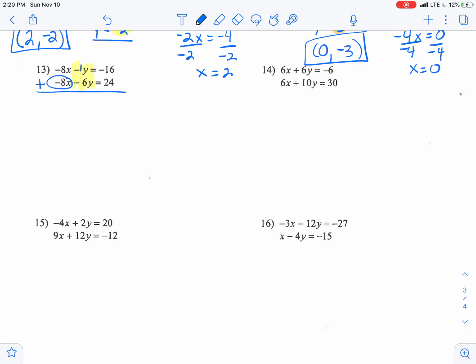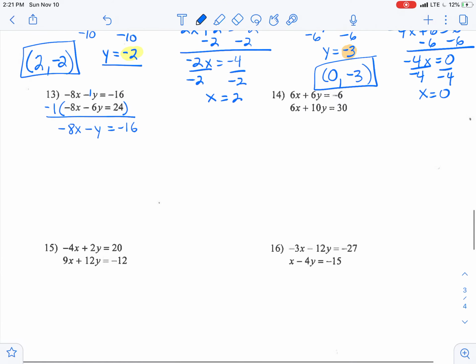Well, if all I'm doing is what we call a sign change, then I'm just going to multiply that by a -1. Okay? So here's how I'm going to write that. I'm going to leave the top one alone, and I'm going to take this bottom equation and multiply it by a -1.